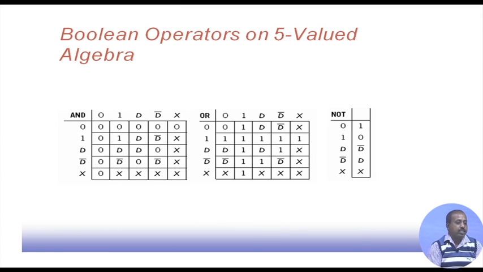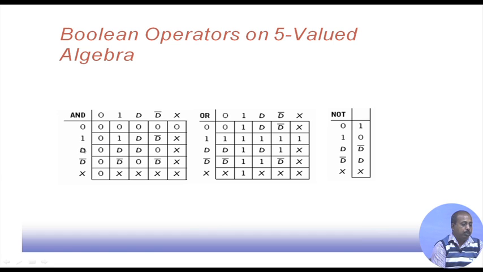Let us see how this algebra will work. Say one input is put onto this row, and another input is put onto this column. For the AND operation, if one of the inputs is 0, then naturally the AND gate output is 0. If one of the inputs is 1, then the AND gate output is equal to the other value. So, 0, 1, d bar, x.